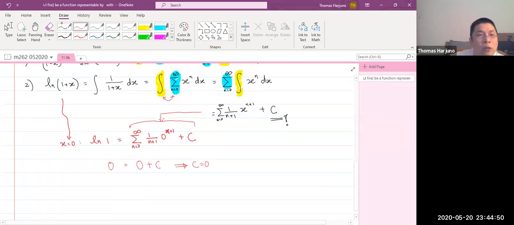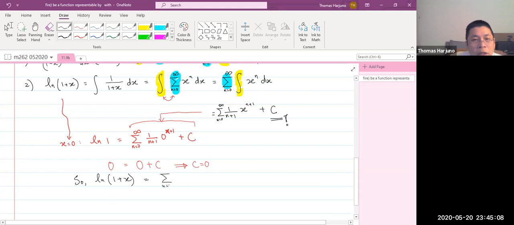Now, from there, we say this ln of 1 plus x is representable by that series from 0 to infinity of 1 over n plus 1 x to the n plus 1. If you think about it, by the way, pay attention here, I can also rewrite it this way.